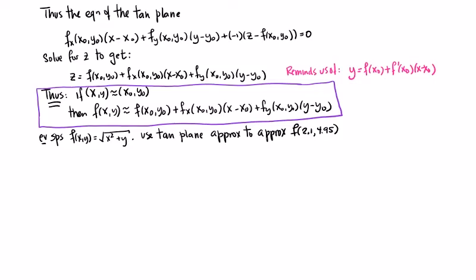So the one thing I want to notice is 2.1, 4.95 is close to 2, 5. And that's a particularly nice point.